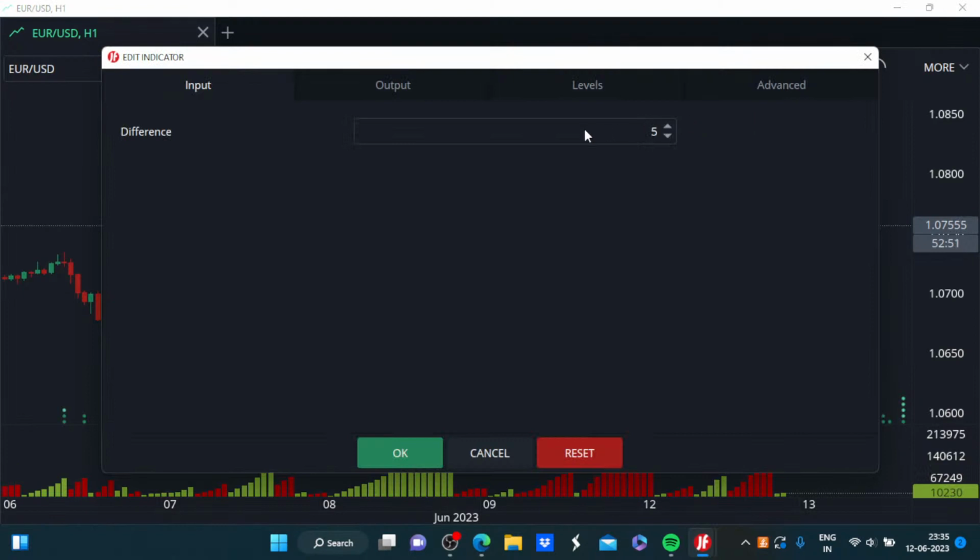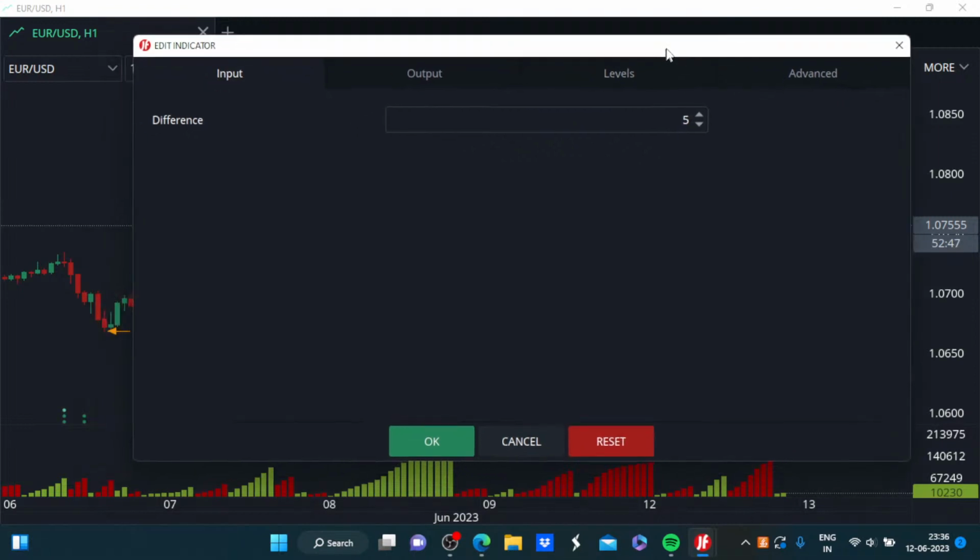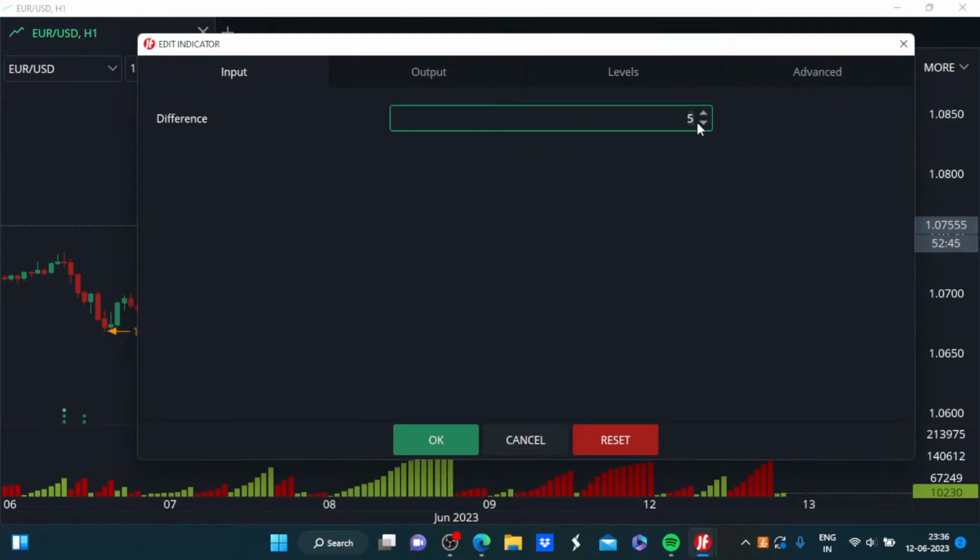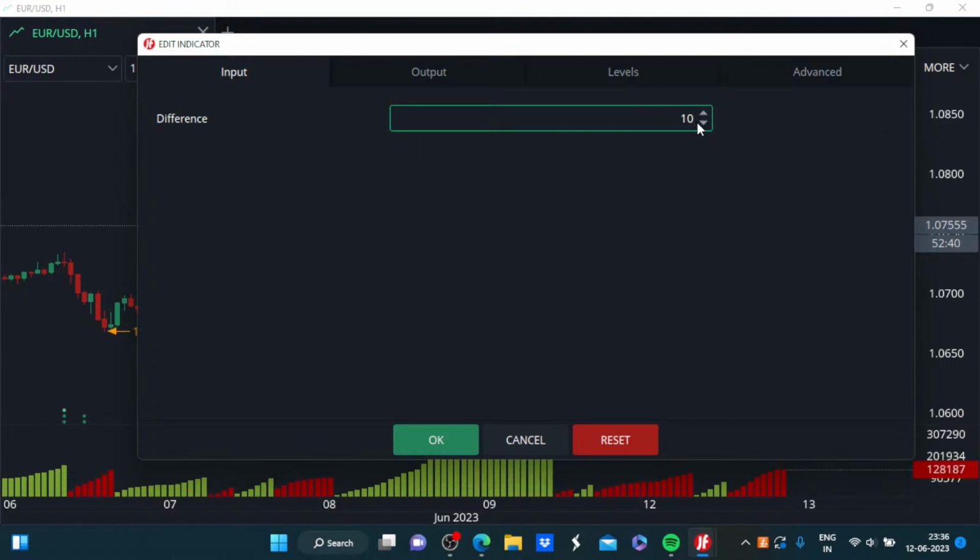Alright, here we got it. Difference, we can increase or decrease this parameter. If you want to increase it, you can do that as well, and depending on that, the number of candle periods you are using for calculation of the difference, the smoothing factor will vary.